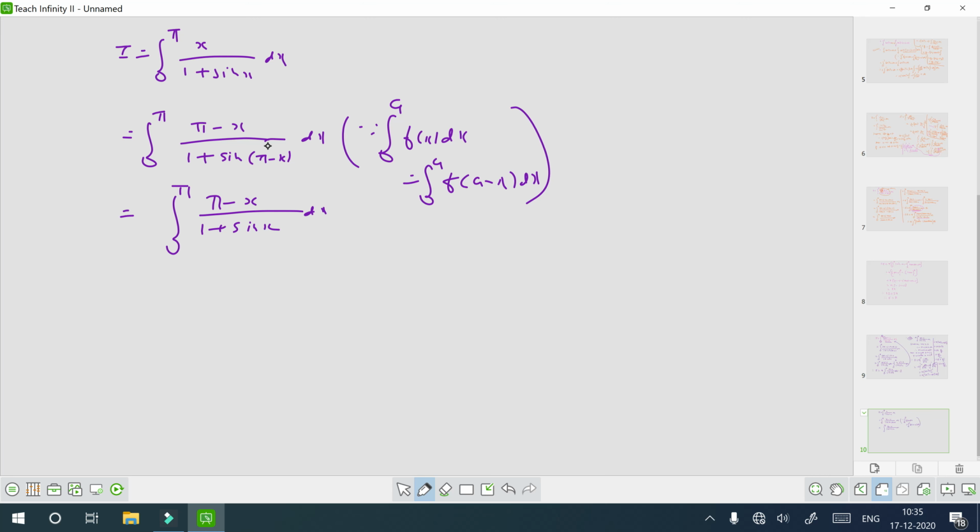So that is equal to pi integral 0 to pi 1 over 1 plus sine x dx minus integral 0 to pi x over 1 plus sine x dx. What is this one?